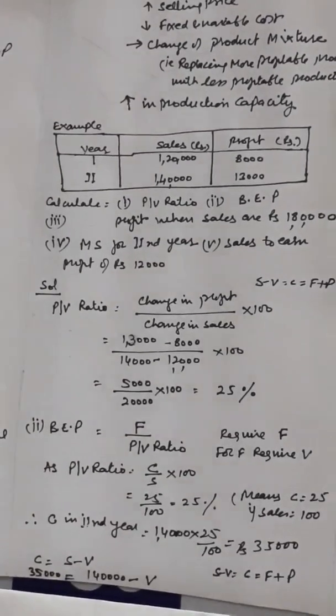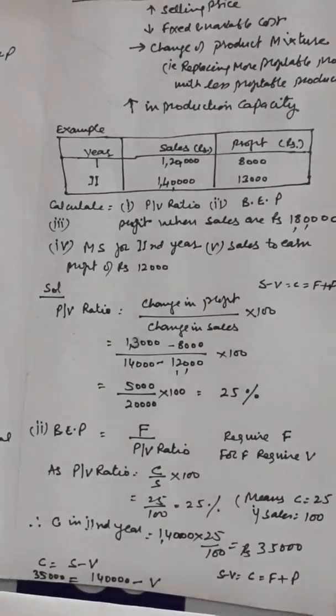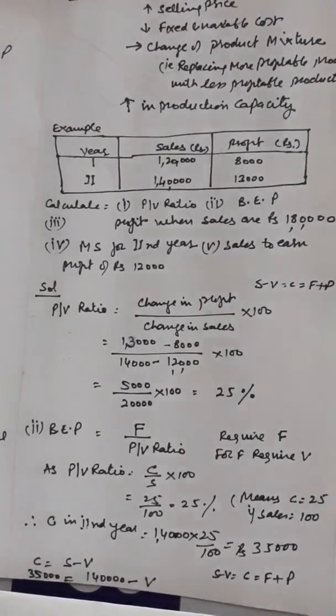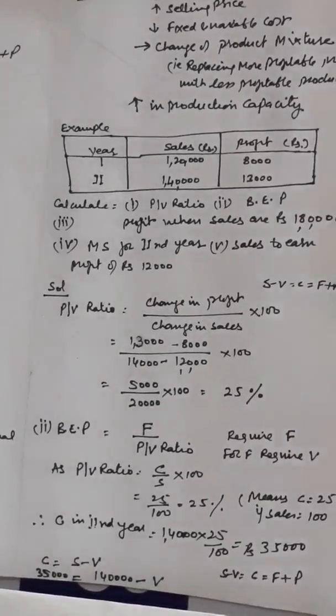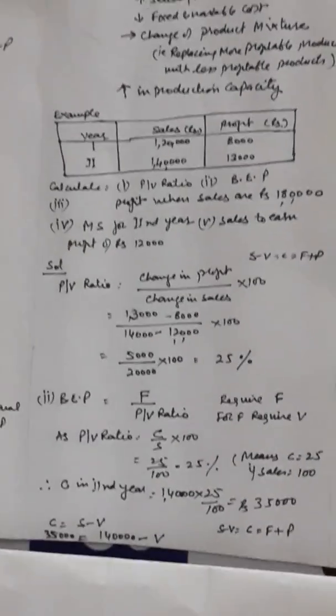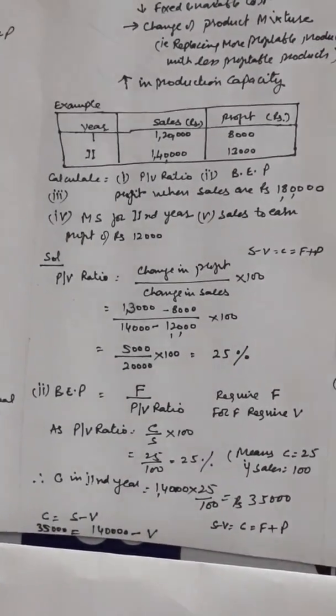At third step, we are to calculate fixed cost. Next, we are to calculate variable cost. Always first calculate contribution by writing down the marginal cost equation. Then we will calculate PV ratio, then afterwards fixed cost, then afterwards variable cost.